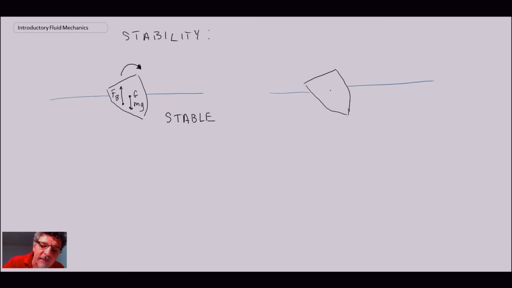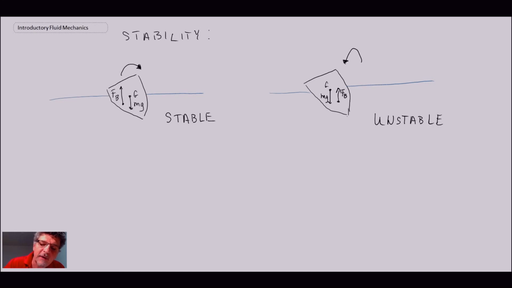Versus if we had something like this, again we have the weight, so at the center of gravity we have mass times gravity, but if it turns out that our buoyancy force was over here, then the moment that we would get would look something like this, and consequently that would continue to rotate the object. That would be an unstable situation.